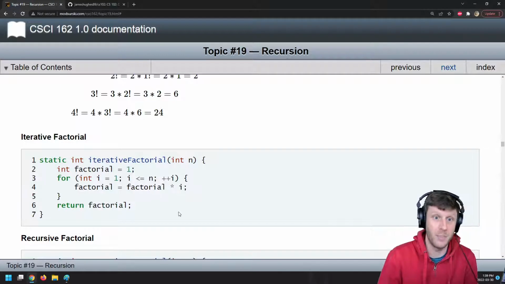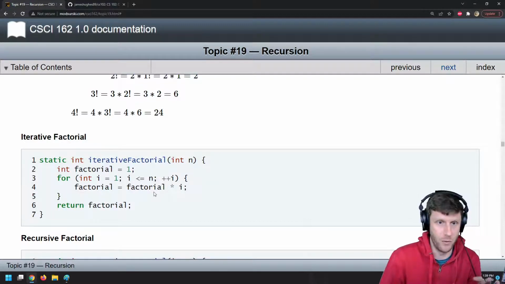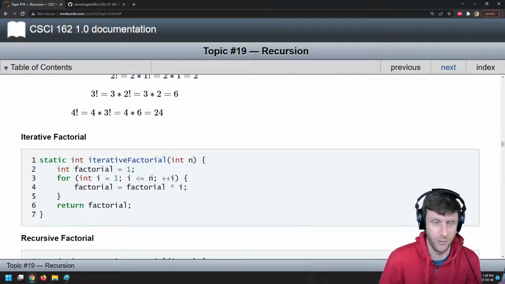So for example, let's put 4 in. Okay, we started at 1. 1 is less than or equal to 4. Factorial is now 1 times 1. Factorial is now 1. Okay, great. i is now 2. 2 is less than or equal to 4.